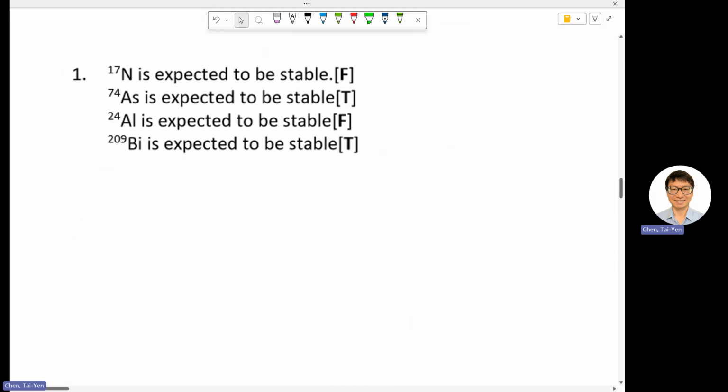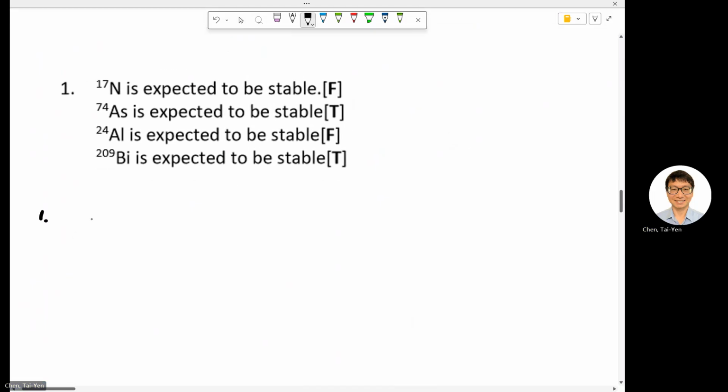First things first: is N-17 stable or not? How do you do this? Your mass number is 17, right? So what we want to do is check your periodic table.